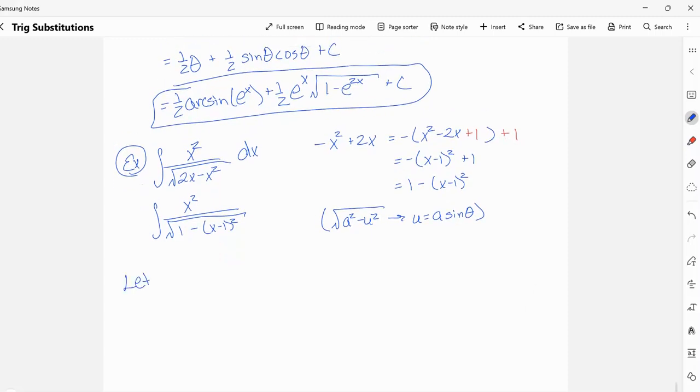So we are going to let our u, which is x minus 1, equal a, which in this case is 1, sine of theta. So that means that x minus 1 over 1 is equal to sine of theta. And that's all we need to build our triangle.